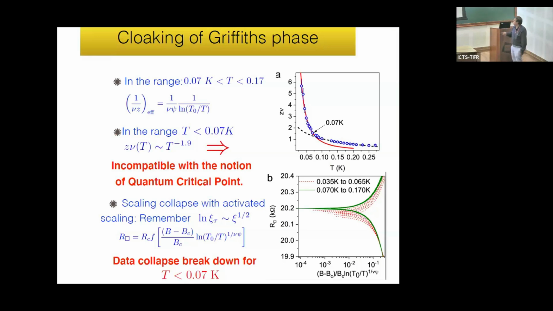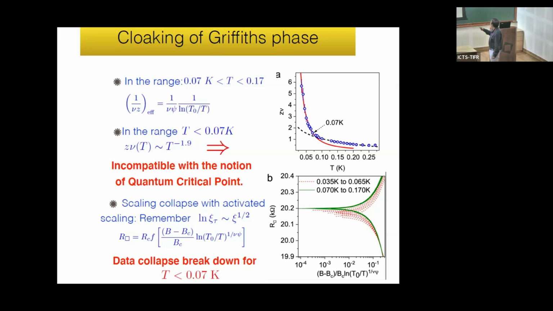So what we do is we plot the 1/nu z as a function of temperature. For large enough temperatures, the 1/nu z exactly fits the predictions of the infinite randomness scenario.